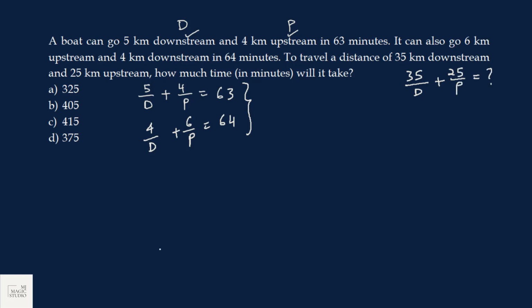We need to find the value of this. So let it be x and y, 1 by D and 1 by P. So we have 5x plus 4y equals 63. 4x plus 6y equals 64.